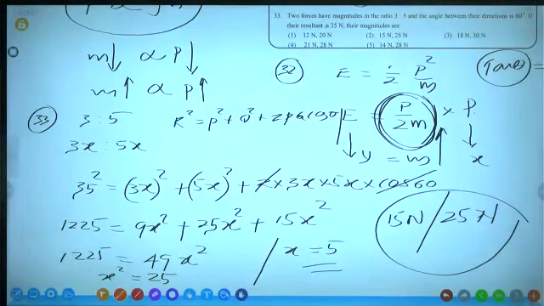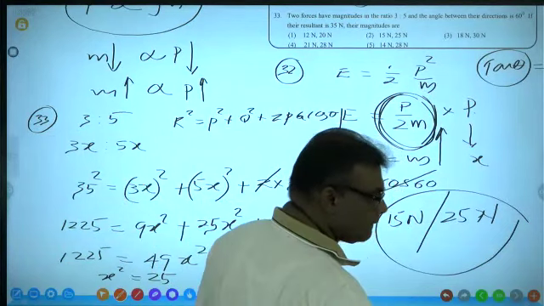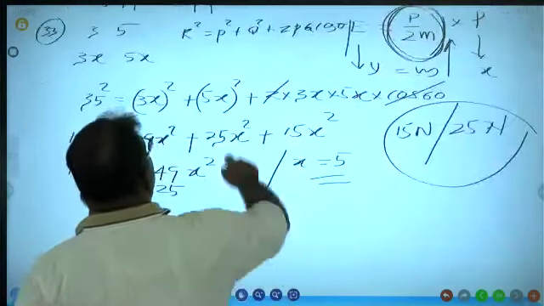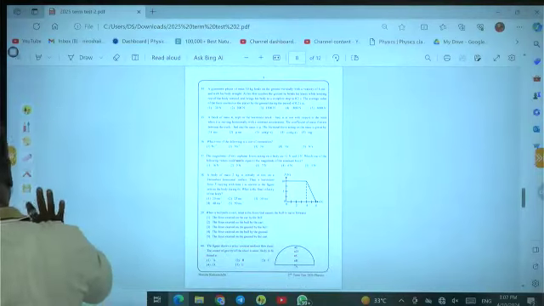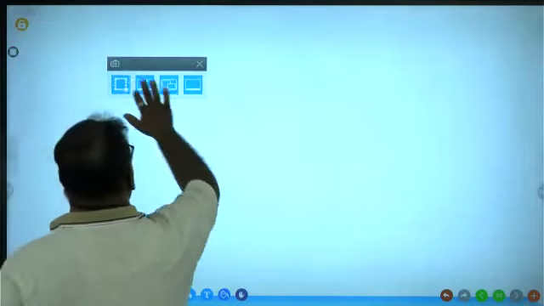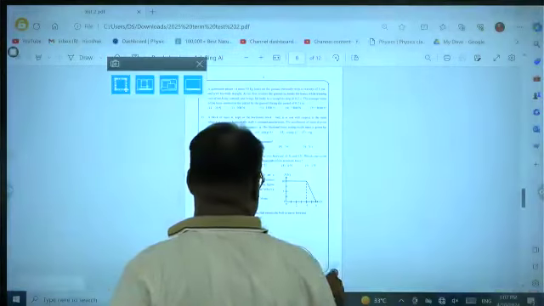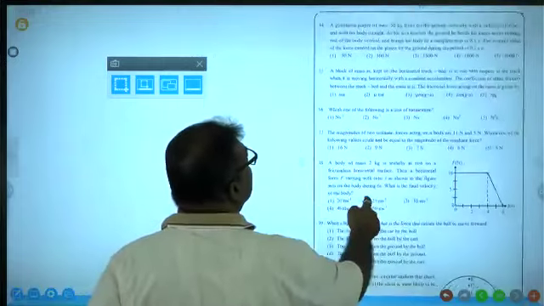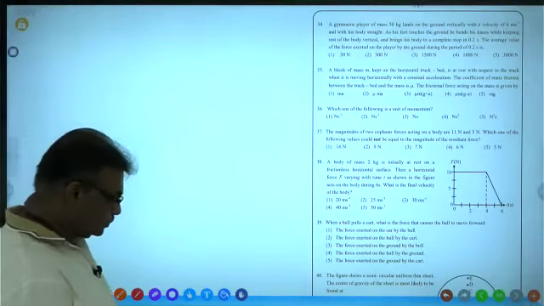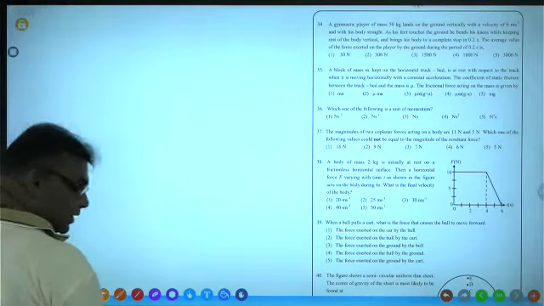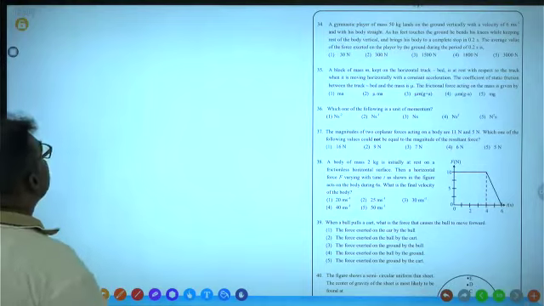See next question. Number 34. A gymnastic player of mass 50 kilogram lands on the ground vertically with the velocity 6 ms minus 1.